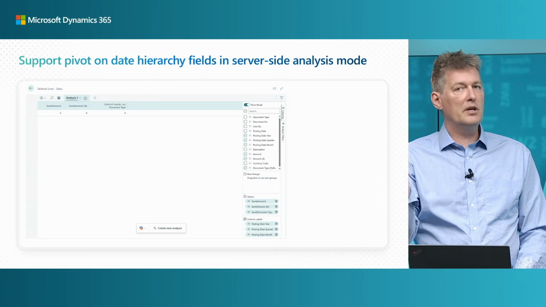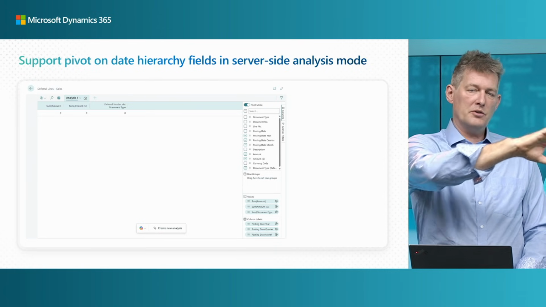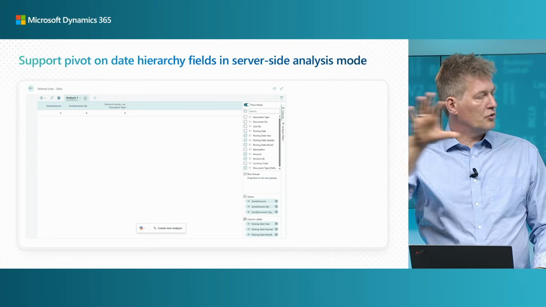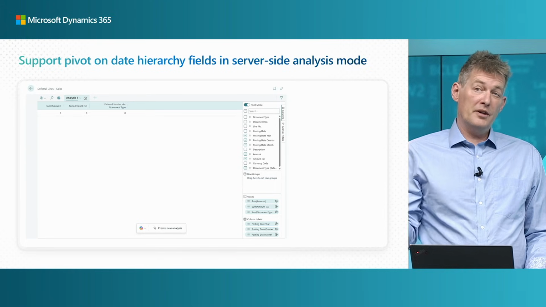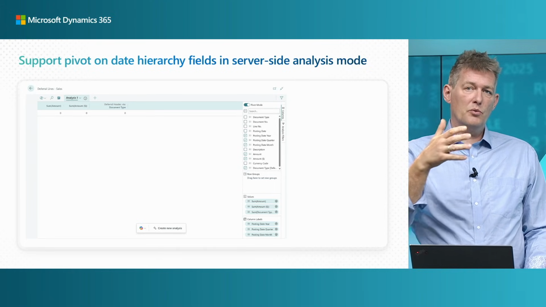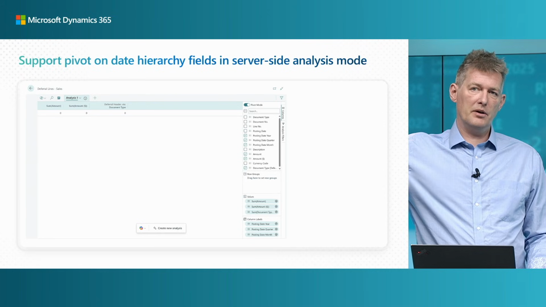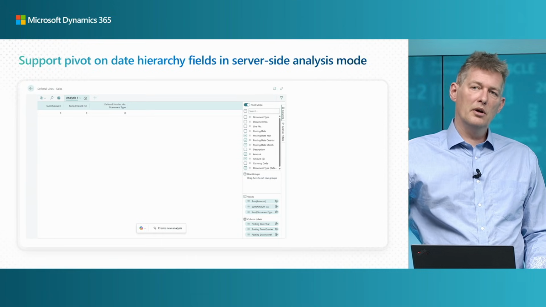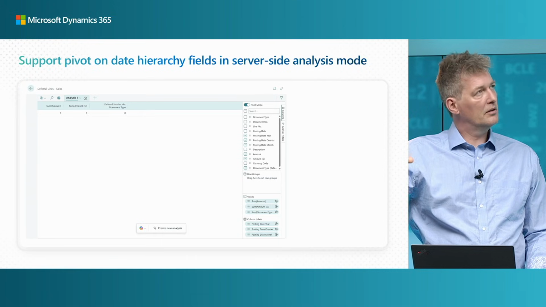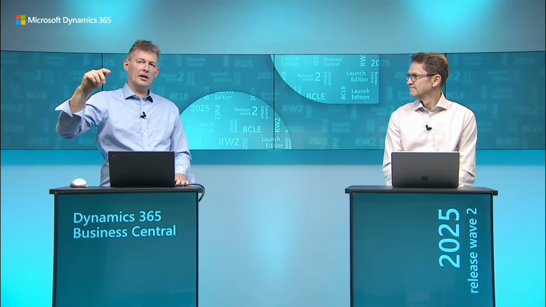So in these 3 situations, the platform will go from browser side, where we load everything in the browser, into server side, where we do it on the server. So for that particular server-side analysis mode, we can now support the pivot operation on date hierarchy fields. Whenever you have a date, we do the year, quarter, month, one more, I forgot. And then those can now be pivoted, and you couldn't do that before.